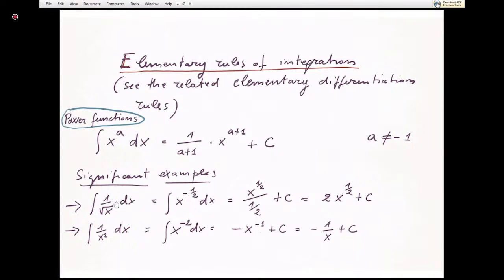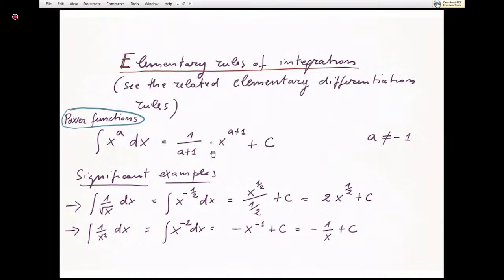Okay, so here are other examples. What is the integral of 1 over the square root of x dx? This is x to the power of minus 1/2. Increase the exponent by 1, it becomes 1/2. Divided by 1/2 means multiply by 2, and this is the result.